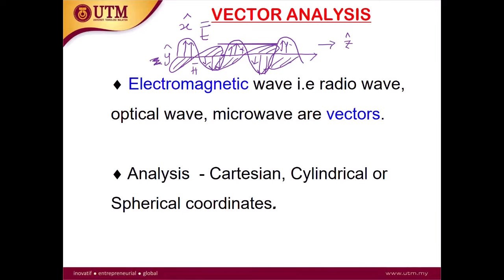So for the analysis, we have three coordinate systems. The first one is Cartesian coordinate, the second one is cylindrical coordinate, and the third one is spherical coordinate.